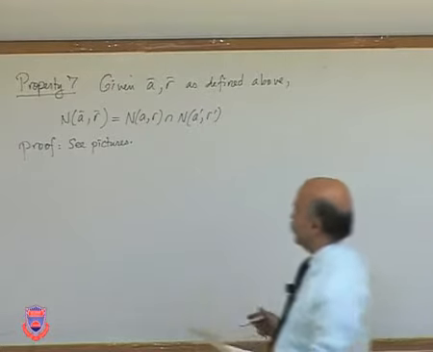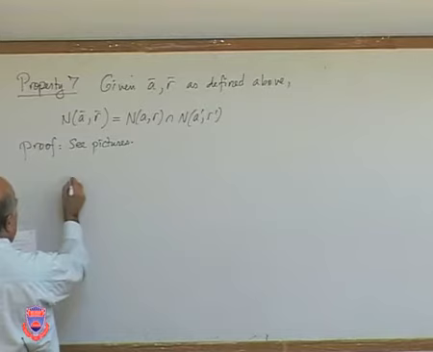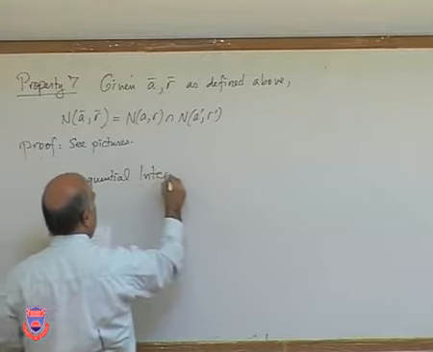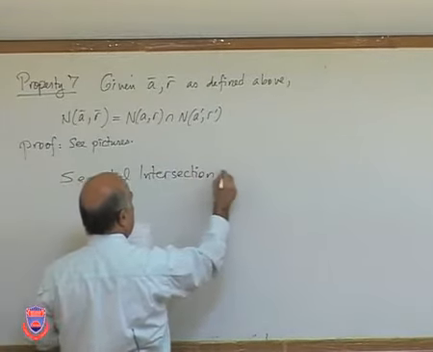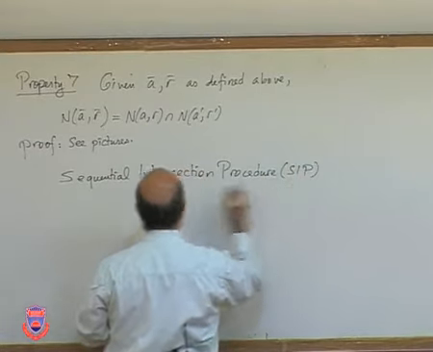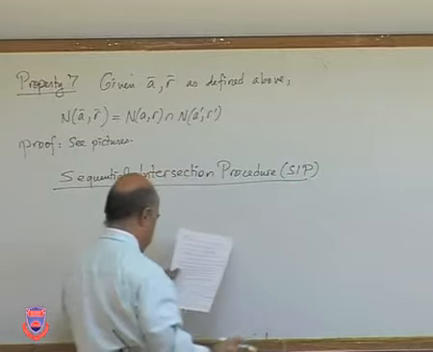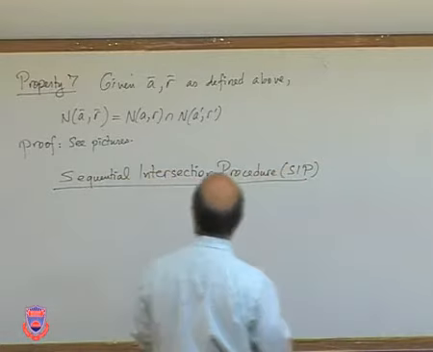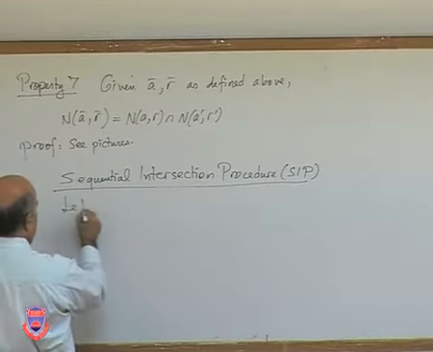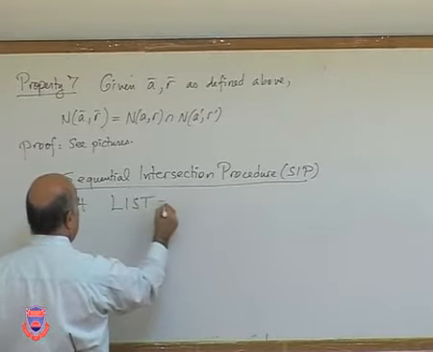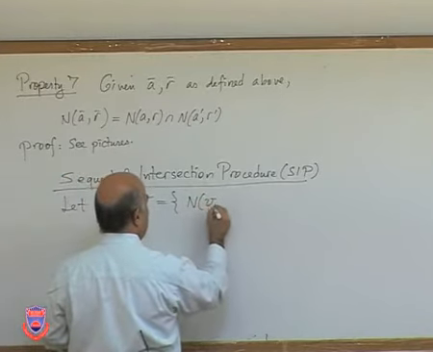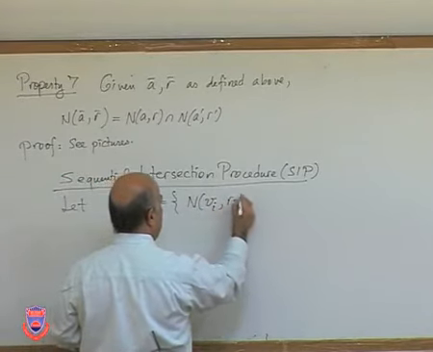Okay. So, let me give you the sequential intersection procedure now. That's the algorithm. The sequential intersection procedure simply does the following. It defines an initial list at the beginning, which consists of the neighborhoods VI, MVI, RI.